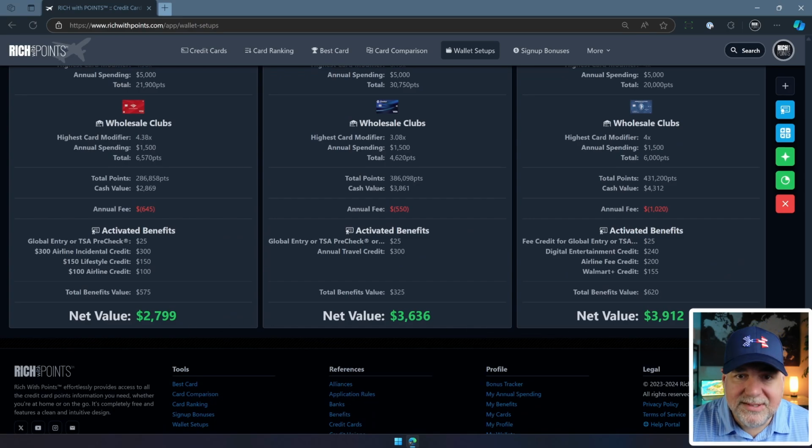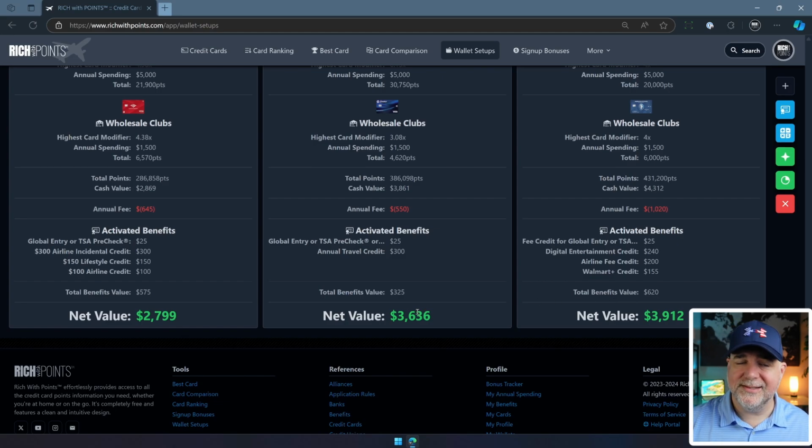Now, what I'm seeing, me personally, is that the Chase trifecta is a lot more flexible. With transfer partners, you're still going to do pretty well, but you're not going to do as well as Amex. If you maximize and get 2 cents or more on every single point that you earn through some kind of transfer partner, then you're going to do better in Amex.